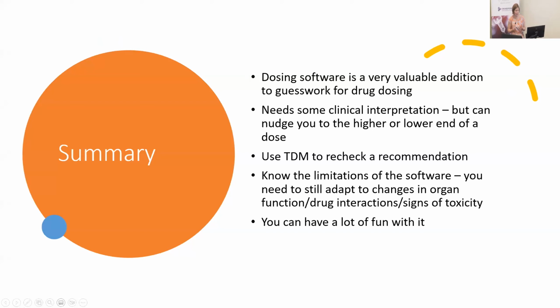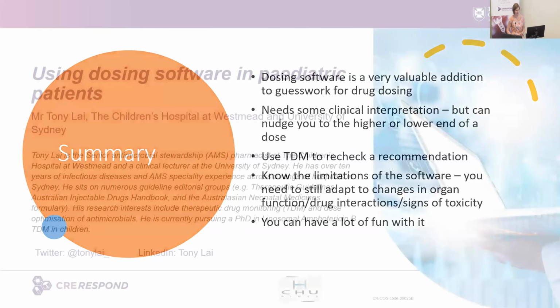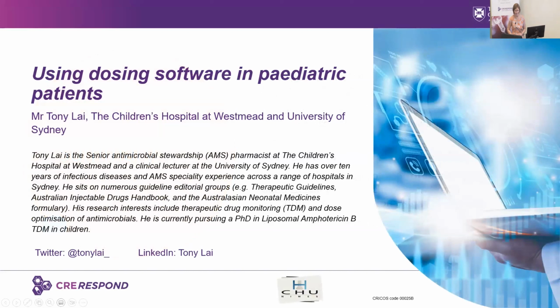You need to always be rechecking once you've made a recommendation and keep it within the safe limits of the drug. Know the limitations of the software, as we've mentioned already. You still need to adapt to changes in the patient's organ function, potential drug interactions or signs of toxicity, and just remember what you've told the software is what it's using to make its decisions. And you can have a lot of fun with it. That's it.